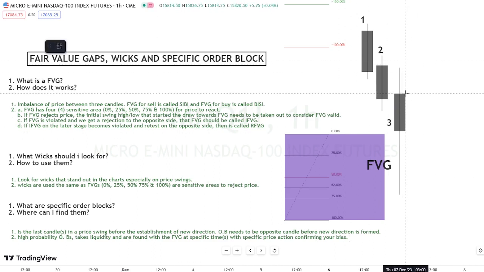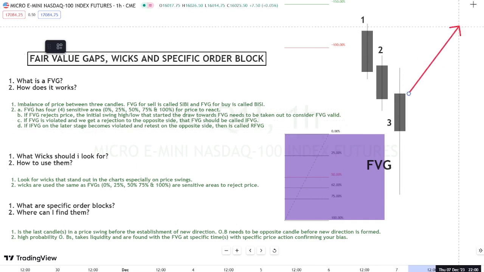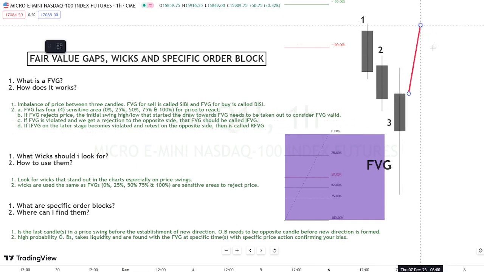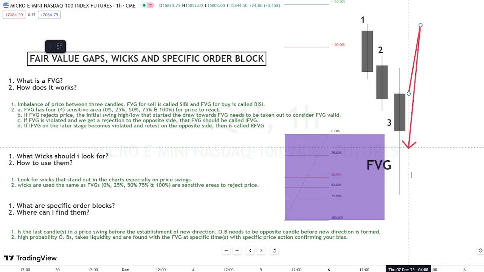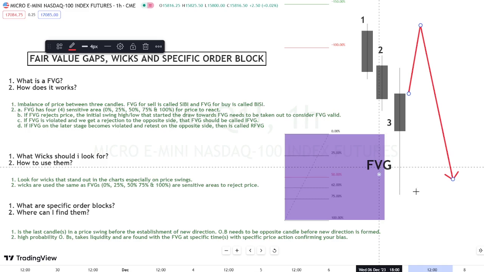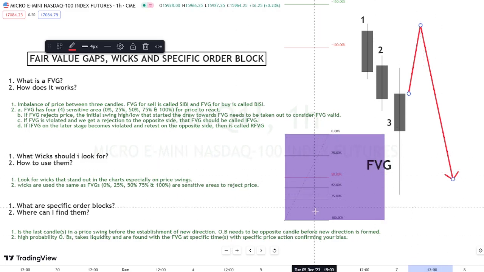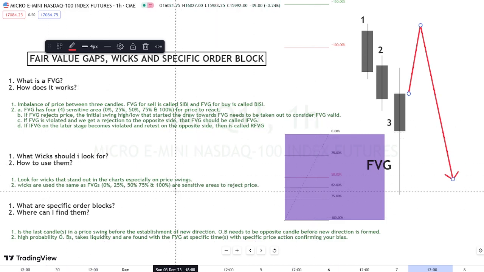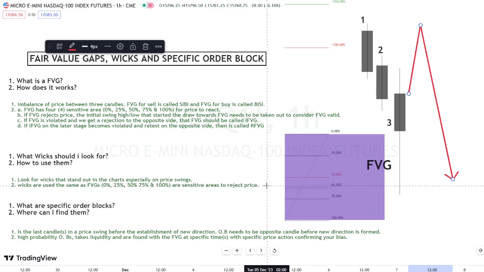So let's say the price at a later stage decides to come to this area right here. Use wicks the same as fair value gaps, as a sensitive area to reject price.